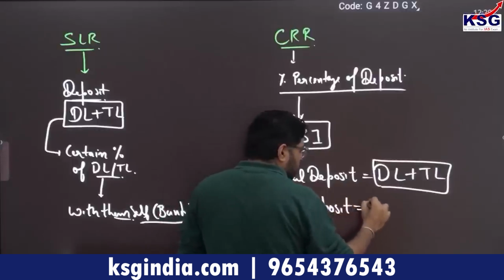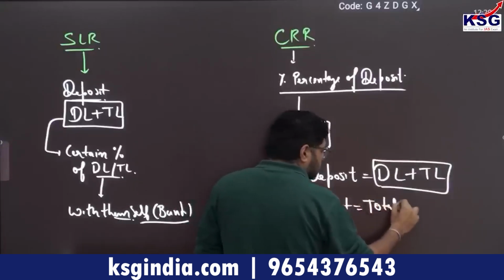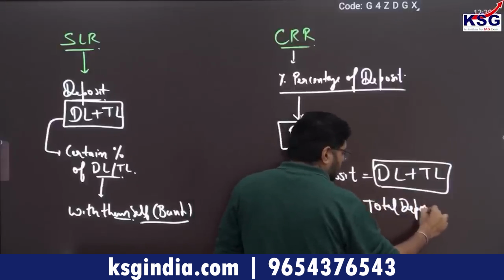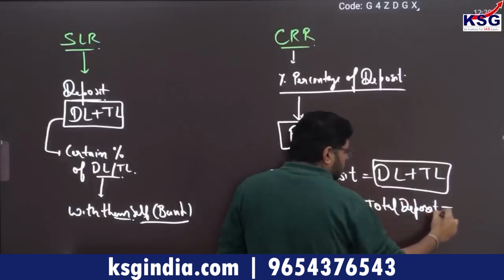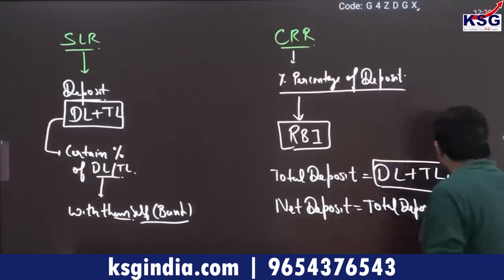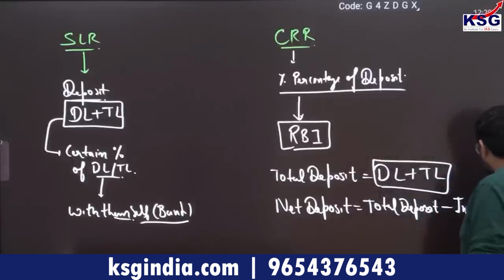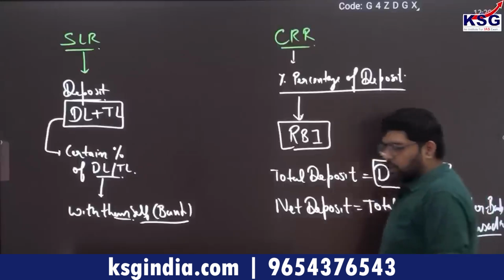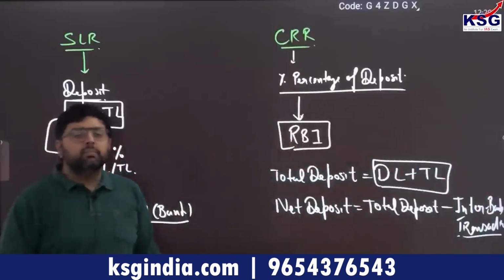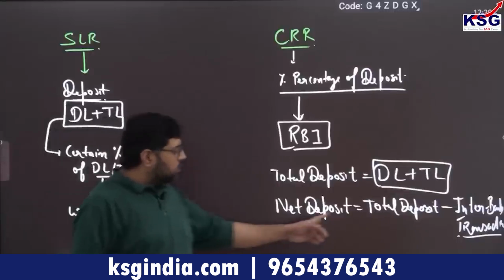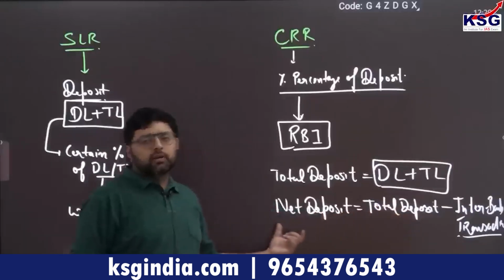Net deposit is your total deposit minus interbank transactions. So when you subtract this from that, you get net deposit.